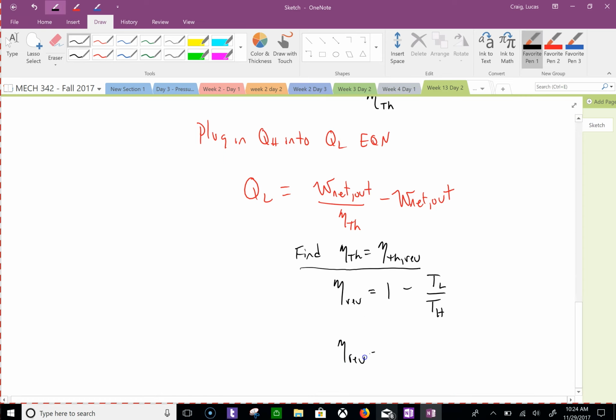So the efficiency of this system is 1 minus, would we say 50 over 100? Which is 1 minus a half, which gives you what? Half. Now, did you notice why we didn't really need to pick these? We could have just kept them TL and 2 times TL and it would have canceled.